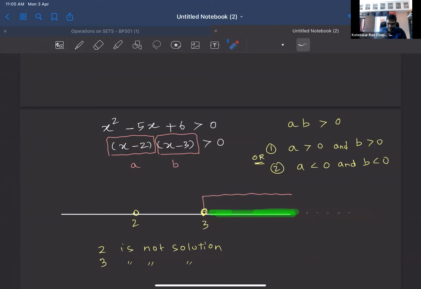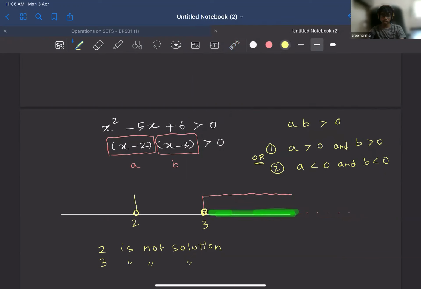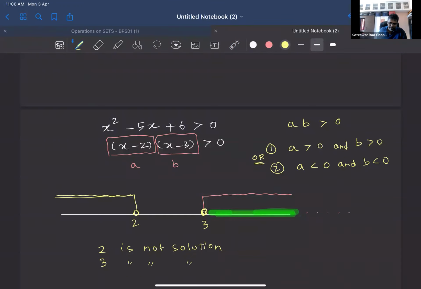And how about, let's say, values less than 2? If I take these values, less than 2, think about it. Let's take an example. A convenient example which is less than 2 is 0.